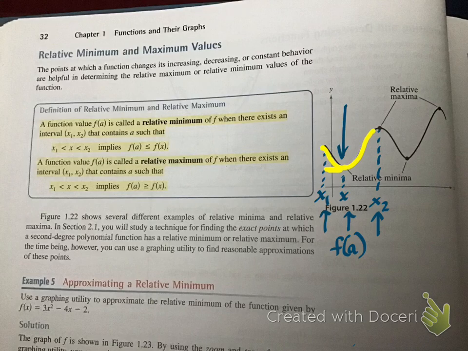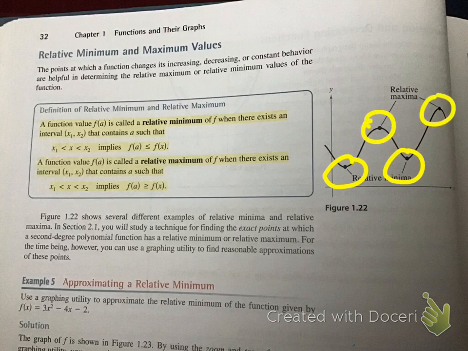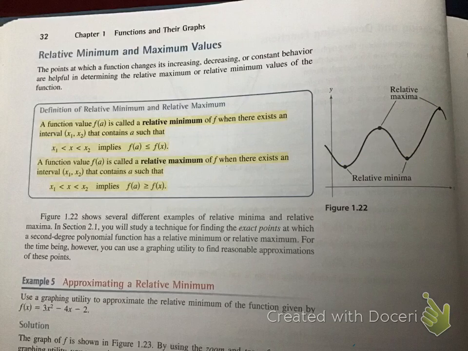So it's kind of complicated sounding, but we've known what relative mins and relative maxes were for years. So this graph has two relative mins and two relative maximums. Max, highest points; mins, lowest points.